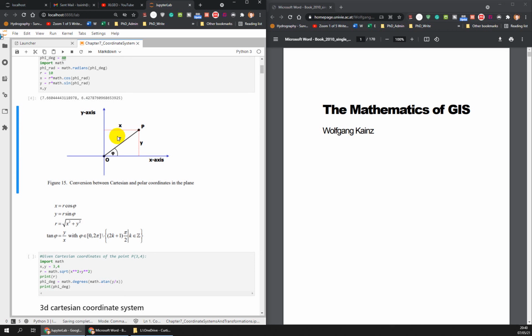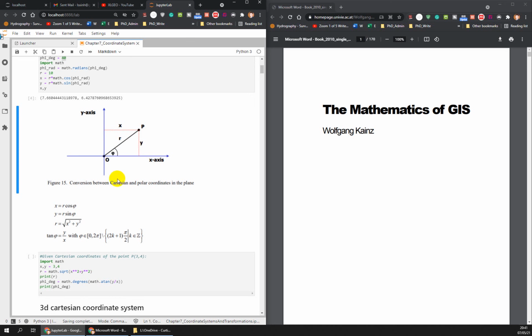x is equal to r multiplied by cosine of phi, because it's this part of the triangle, and y is equal to r multiplied by sine of phi, because y is just this part of the triangle.